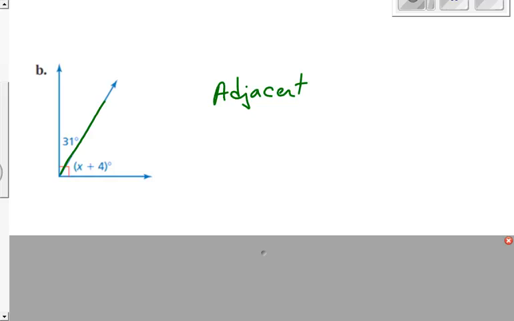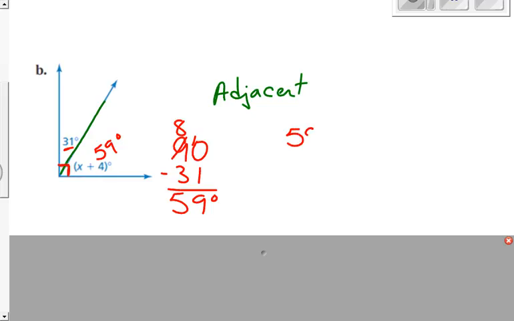Well, we know that both of these angles are going to equal 90 degrees because of this right here. I know that this angle here is 31 degrees. So I can do 90 minus 31, which gives me 59 degrees. So this angle must equal 59 degrees, but they don't want that. They want to know what x is. So we know that 59 minus 4 will give me x, which is 55 degrees.